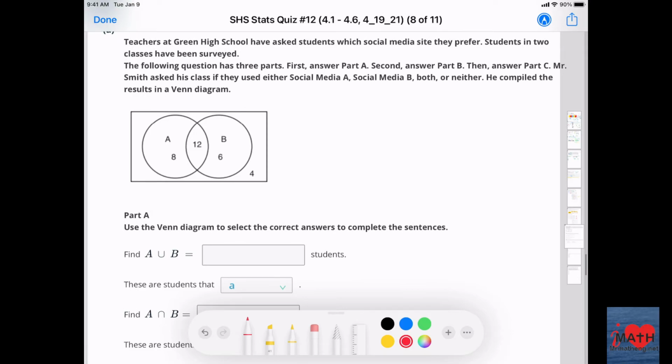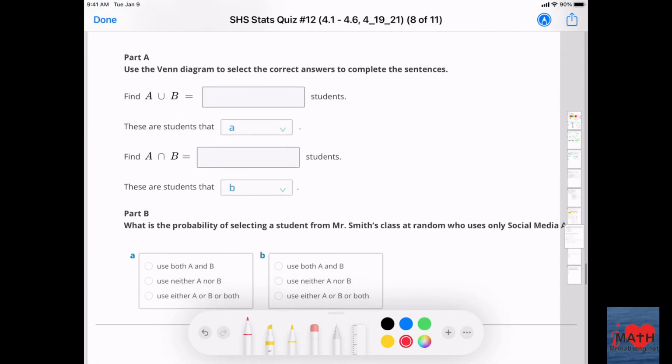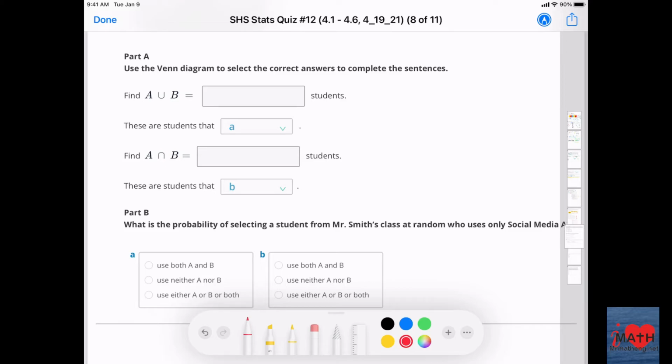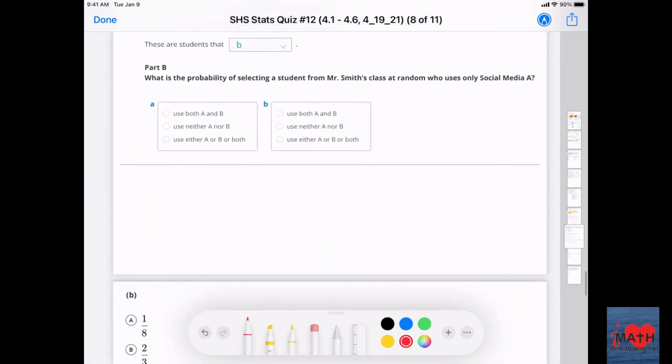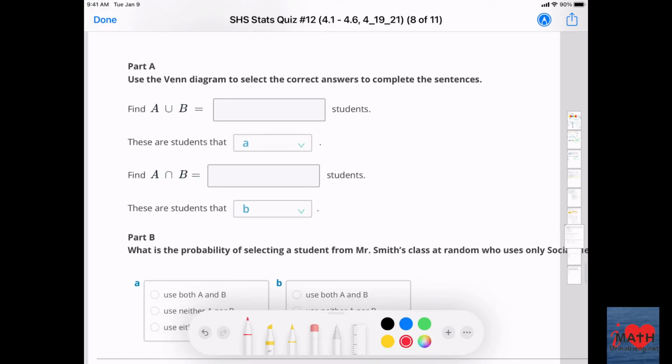Okay. So, part A. Use the diagram to select the answers to complete these sentences. Okay. So you have multiple choice for the second parts. I think you had a drop down. Let's see.